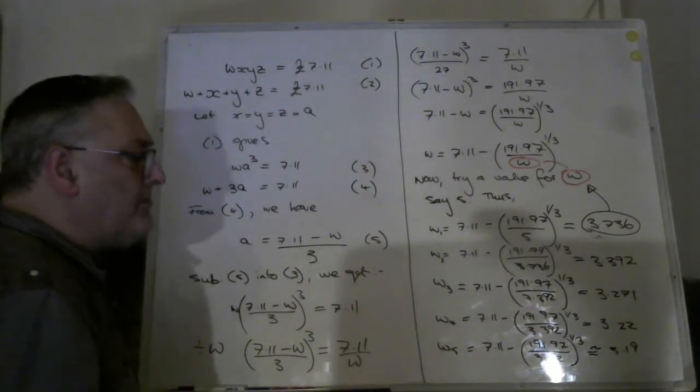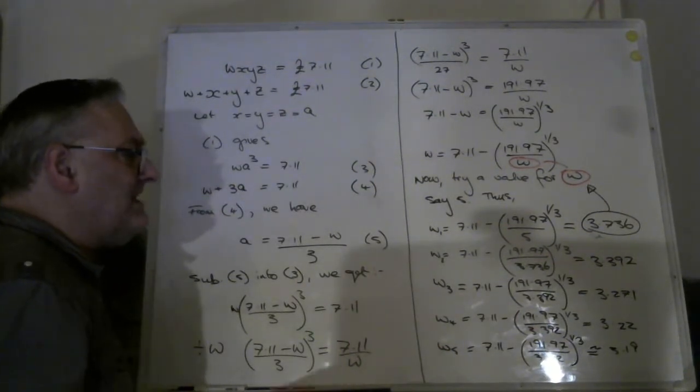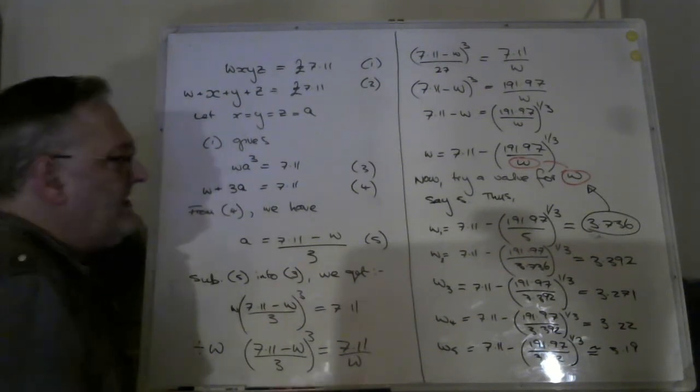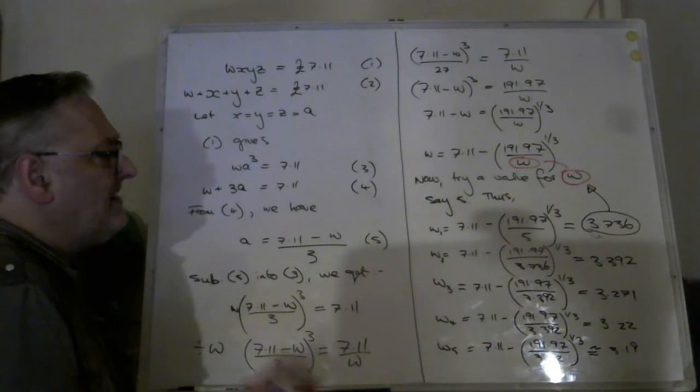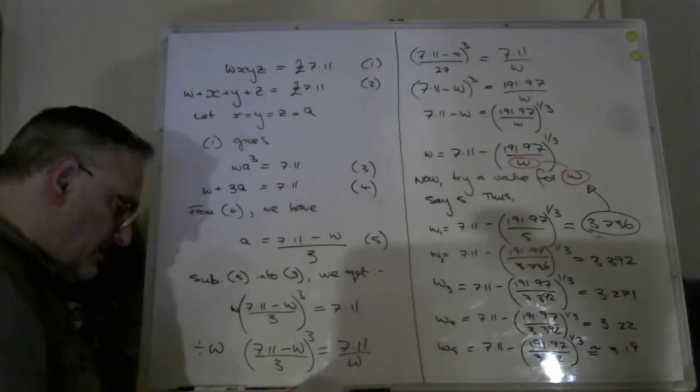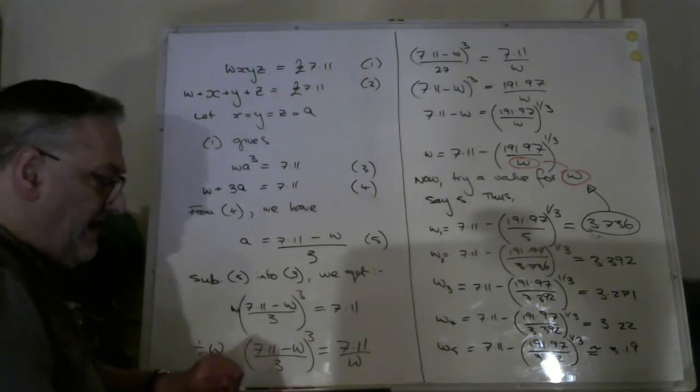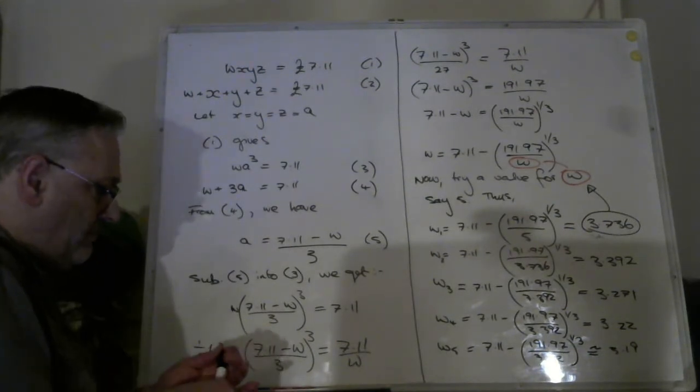You can go a bit further down than that, but we'll stop at 3.19 because that is more or less the convergent value of that iteration process. Now then, what we've got is an approximate value for W.